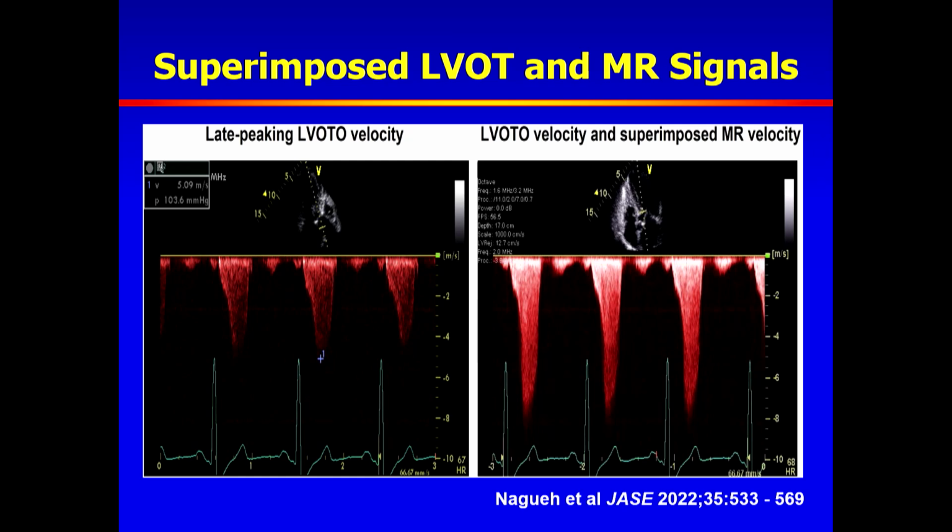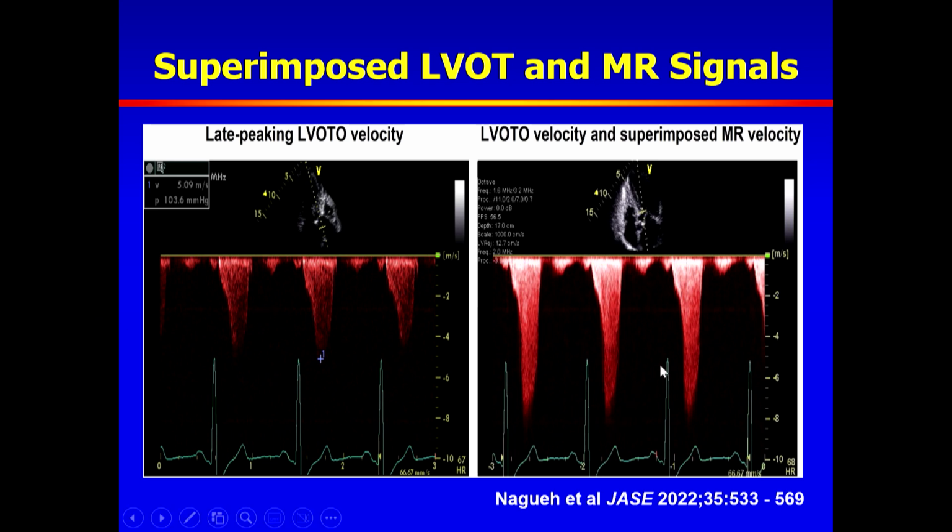At times, frequently, we get jets and you are questioning, is this a dynamic obstruction? Is that a mitral regurgitation jet? And I want to show you here, this is the dynamic obstruction jet. It is late peaking. It's about 5 meters per second. So if we do the modified Bernoulli equation, the gradient is 100.